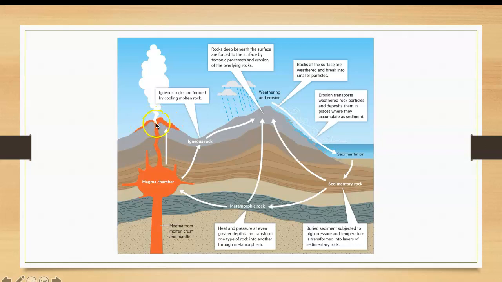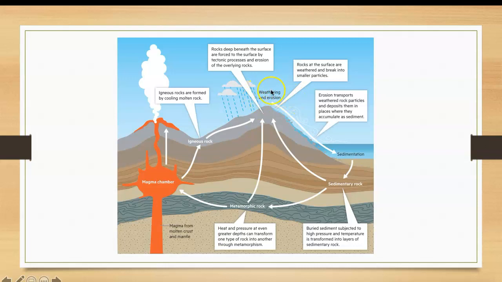So the hot magma flows out and then cools down and forms igneous rock. And because of the movement underneath, it sometimes could be pushed up and form a mountain area. And then the weathering and the erosion take place.